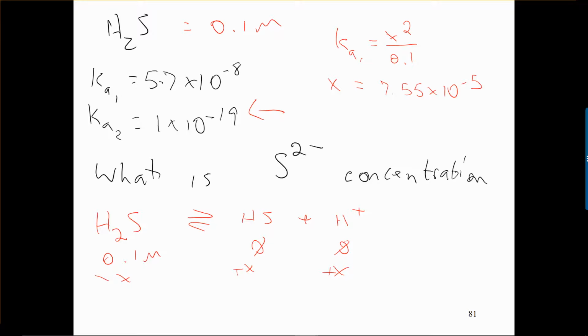Okay, so that's what I'm getting here for this, 7.55 times 10 to the negative 5. Did you use Ka2? We used Ka1, yes, because it's for the first hydrogen. Ka1 is for the first hydrogen that comes off. Okay?